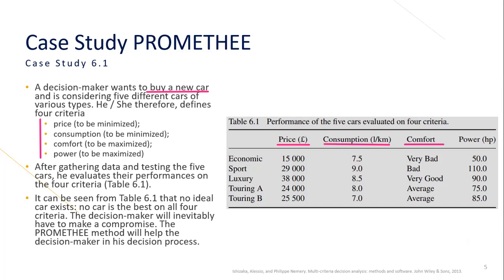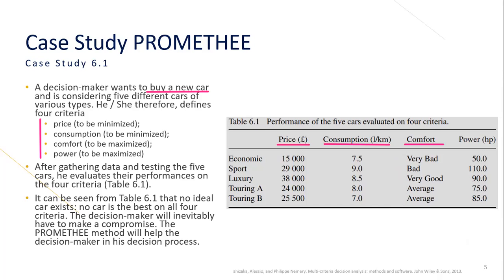For example, very good is 10, average will be 7, this will also be 7 because it is the same, this will be 5, this will be 3. This is just an example. So this is the number that you can give as the score in this case.